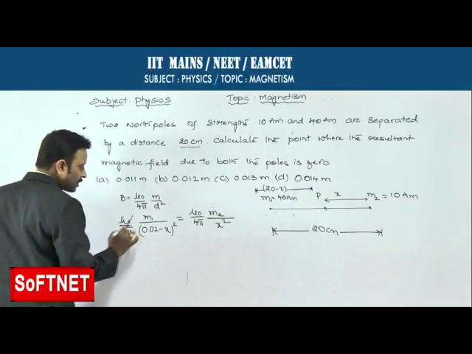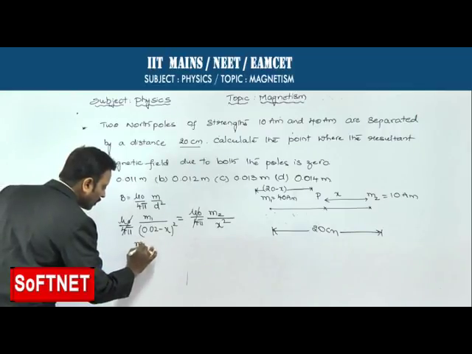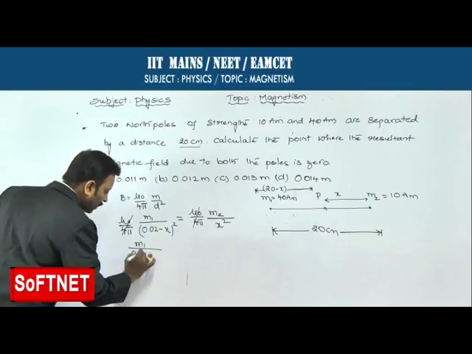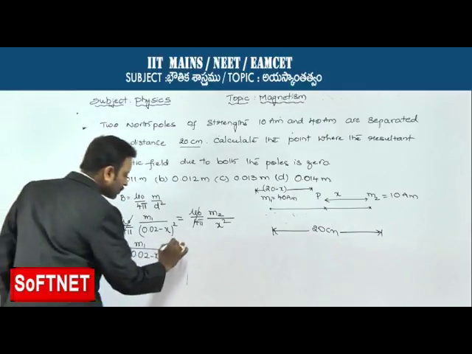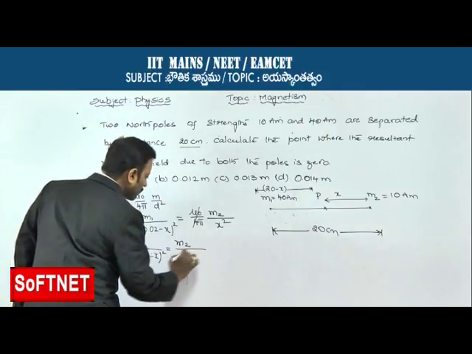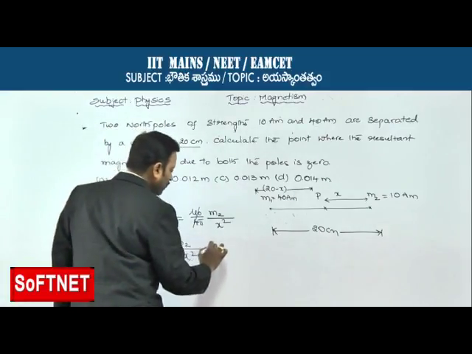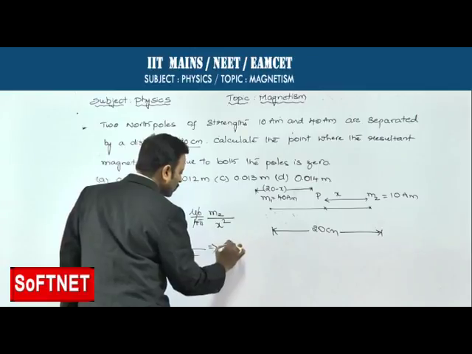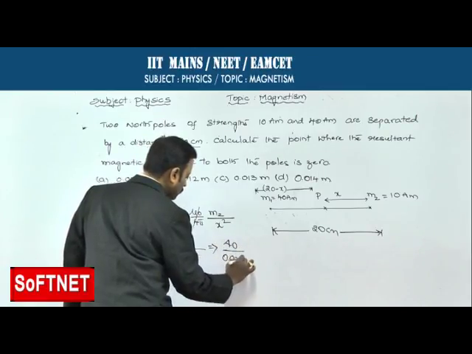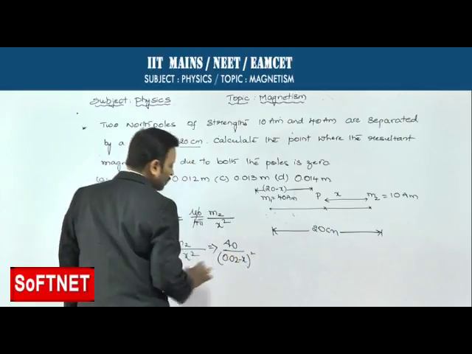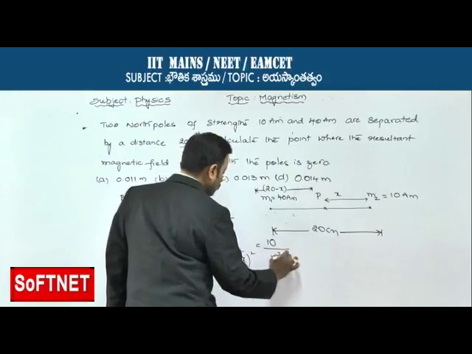By cancelling the like terms on either side, M1 by 0.02 minus x whole square is equal to M2 by x square. Now, you substitute the values of M1 and M2. M1 is given as 40, so 40 by 0.02 minus x whole square is equal to 10 by x square.